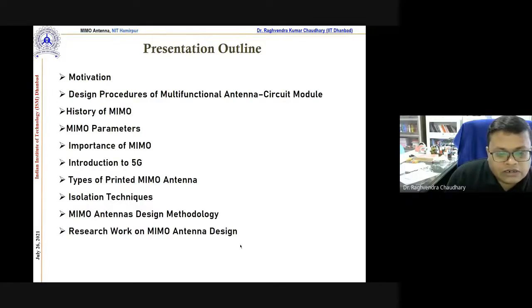Finally, I'll show you the research work we have done at IIT Ahmedabad, focused on multifunctional MIMO antennas with good radiation characteristics. We'll also show how we can get good radiation characteristics by using AMC or other FSS.